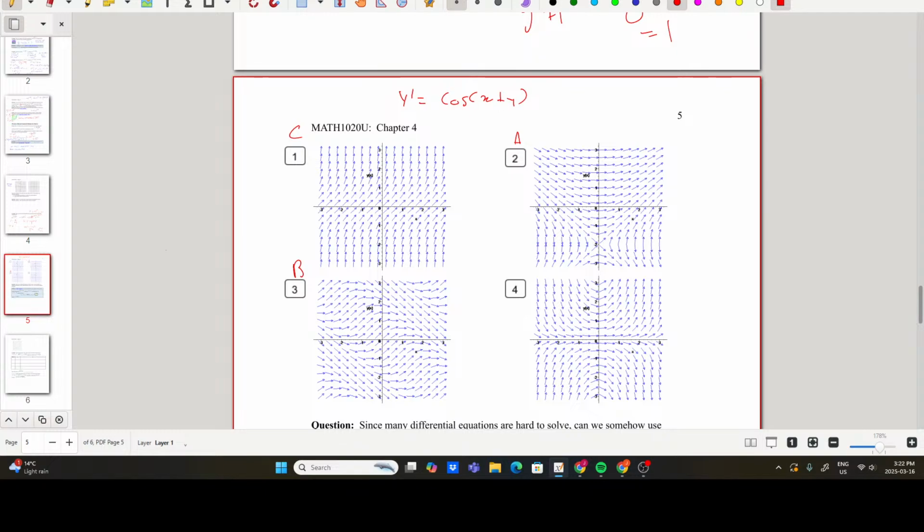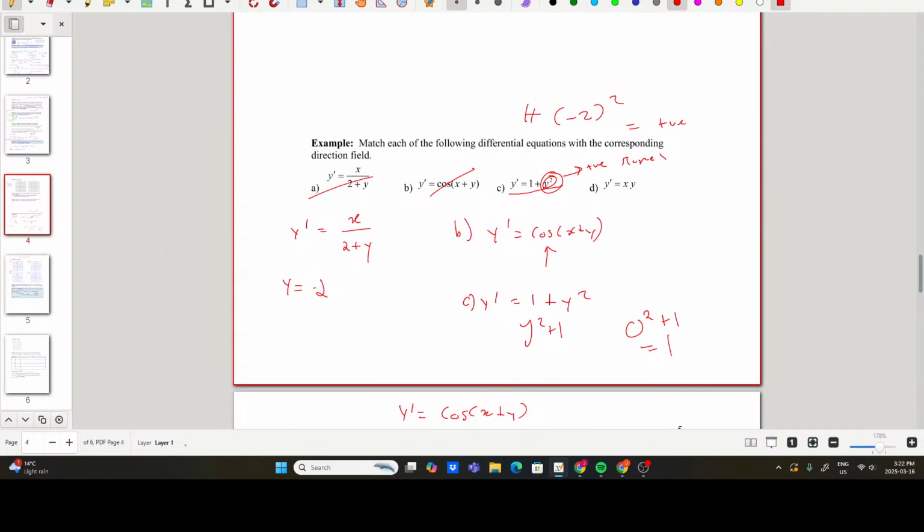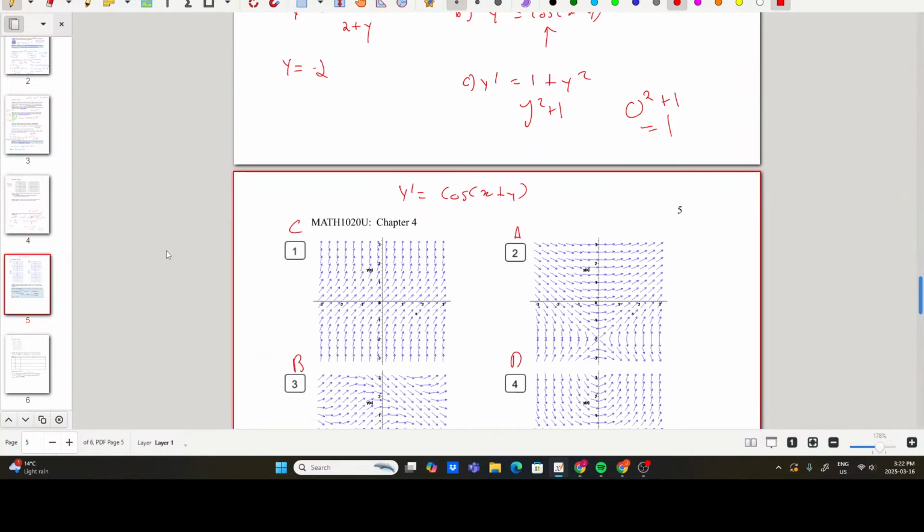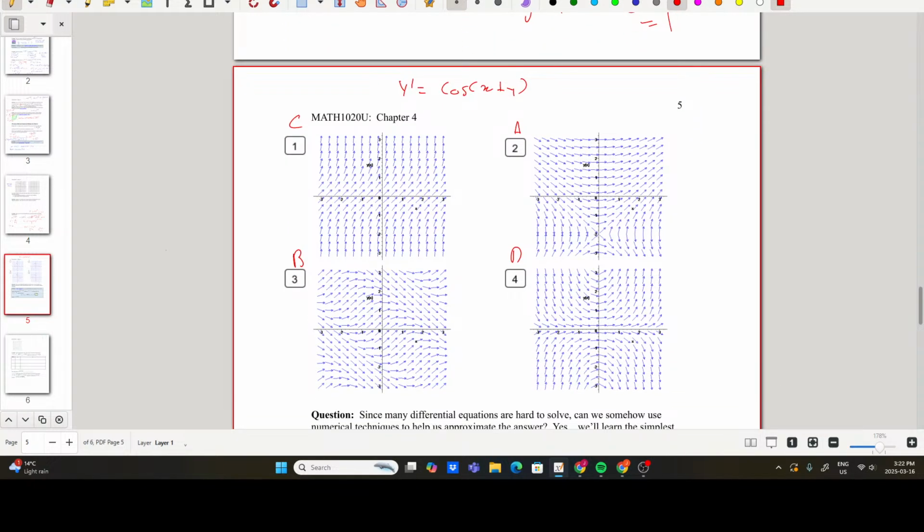Okay, and this of course has to be D, but why though? If I look here, it says y prime equals xy. So let's say at 0, 0, x equals 0, y equals 0. That means at that line in the center, we can see what's happening.